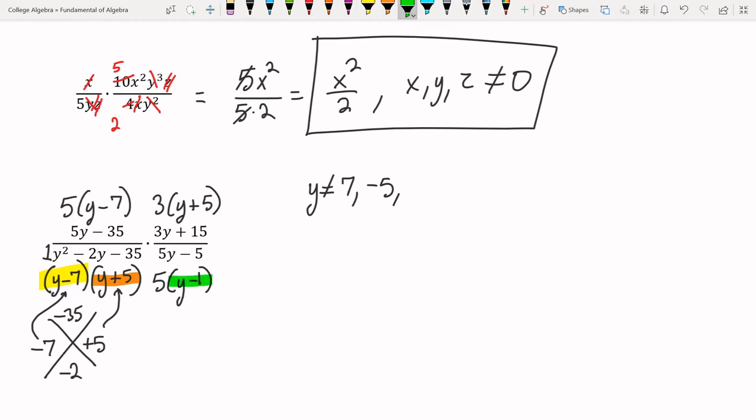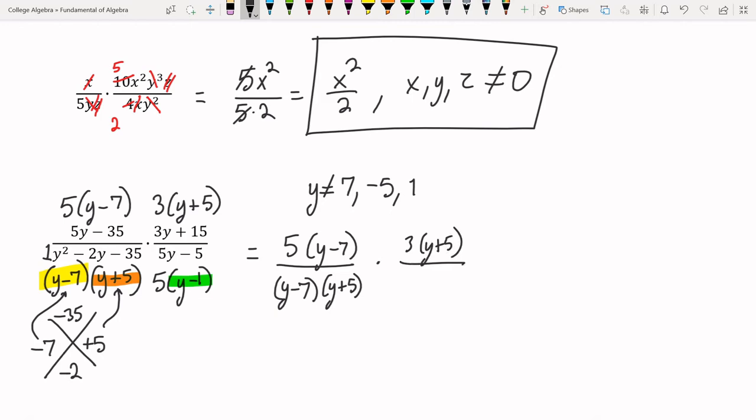And the green here, y cannot equal 1. So with those three taken care of, now we can simplify the polynomial. Normally I just cancel everything in the previous step, but just to keep things clear, I'm going to rewrite it all out with the factored forms of everything.